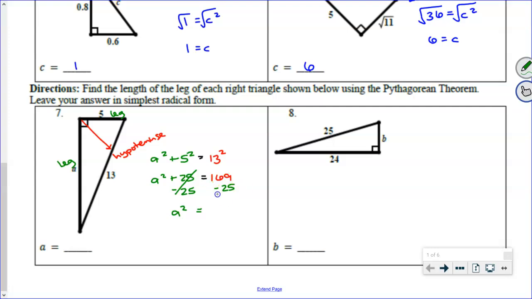Thank you. 169 minus 25 is 144. Final solving step. Just have to undo the square by taking the square root of each side. And we get a is equal to the square root of 144. You should recognize that as a perfect square, or type it into your calculator, Kaden. 12. a is equal to 12.